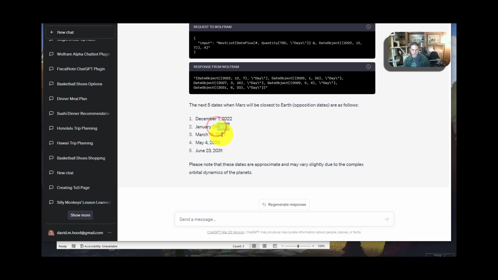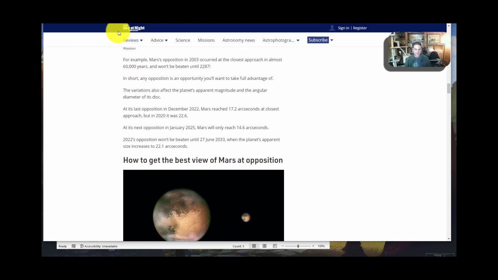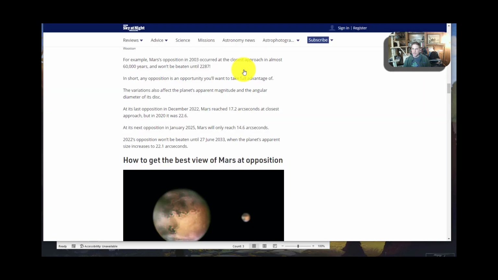So 2025, 2027... Okay, well, even though I don't have the exact dates, it seems about correct. I wonder if they'll give the exact dates. Oh, let me see if I can find the exact dates. This January 2025 does seem to match up with January 2025 right here.